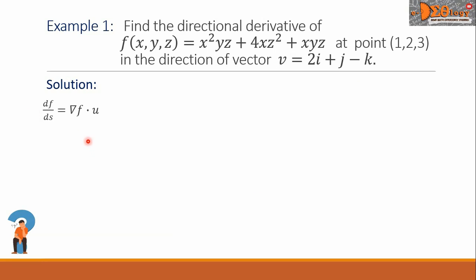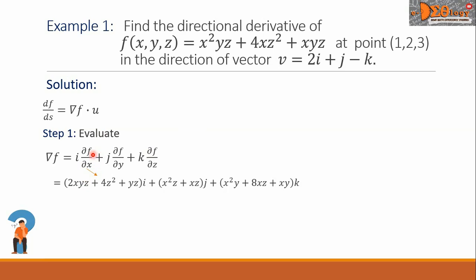We write here the formula for the directional derivative, that is df over ds equals gradient of f dot u. For step 1, let us evaluate the grad f.